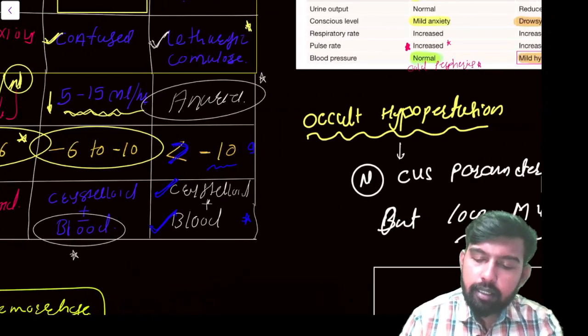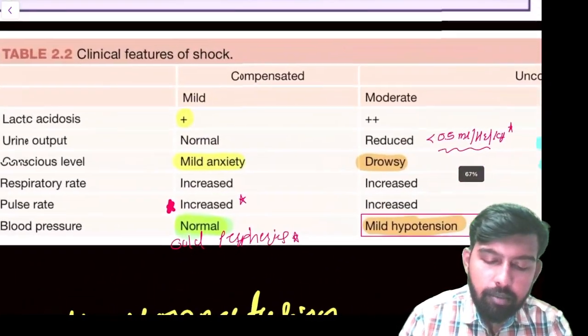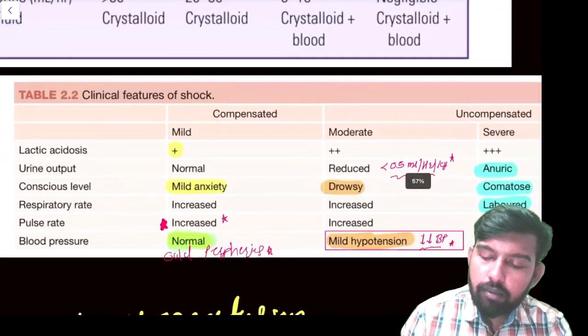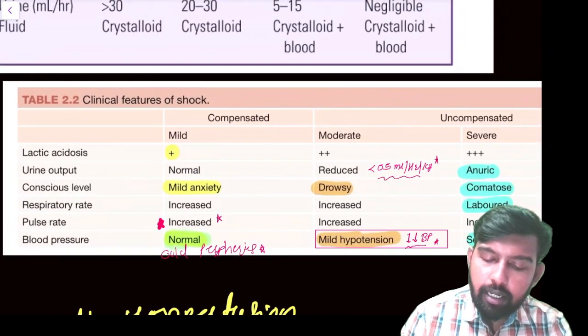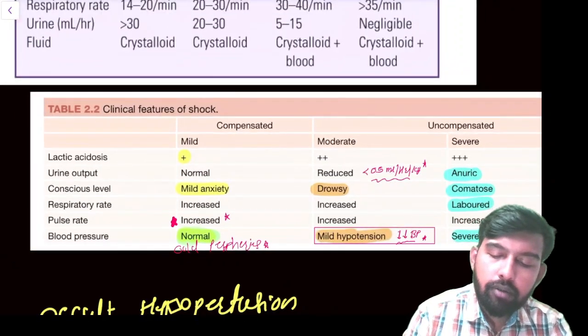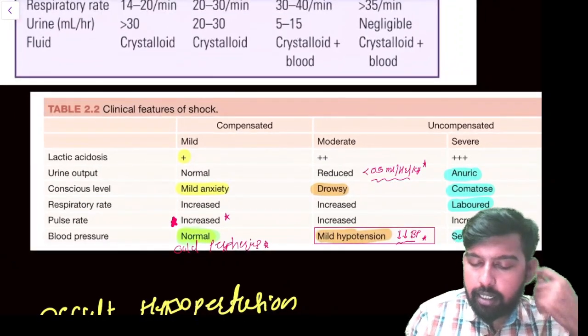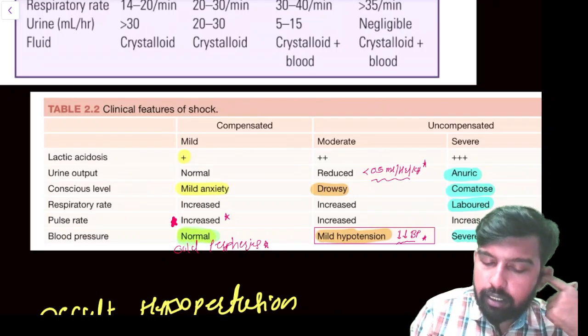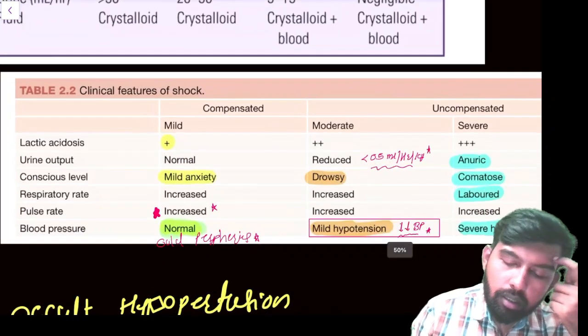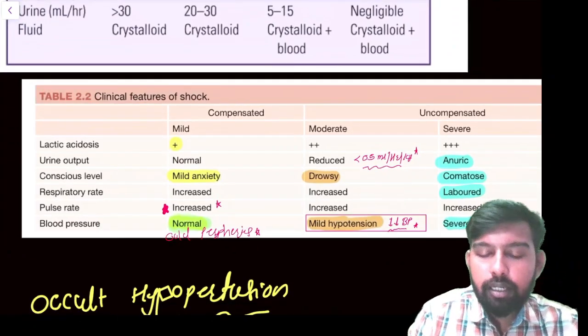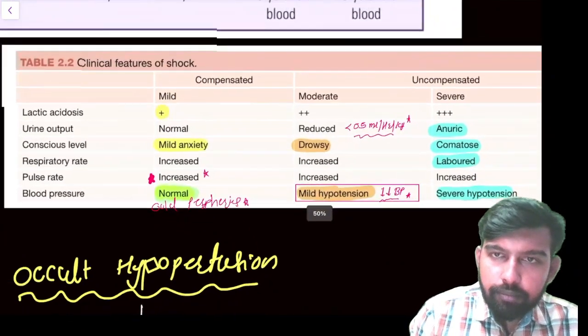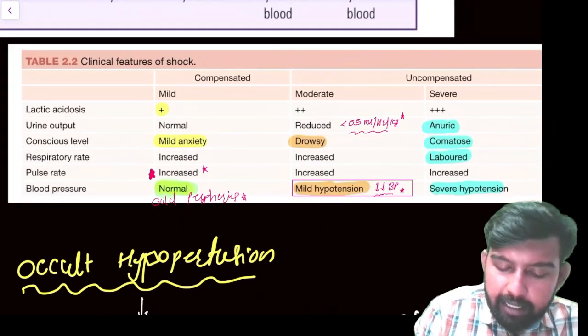So let's see the classification. This could be the most important chart in Bailey and Love: the clinical features of shock depending upon compensated and uncompensated shock. Let's see the mild type of shock.